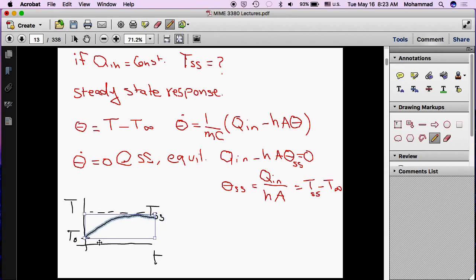And it's a smooth transition. So I didn't do a good job drawing this. Let me try one more time. So it settles. It doesn't change after reaching steady state value. So start from the initial condition and settles.